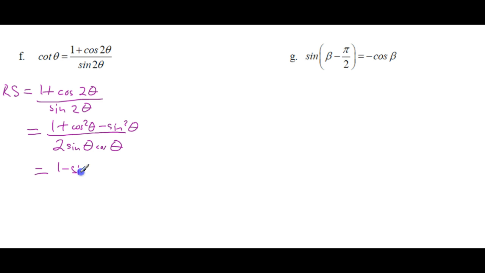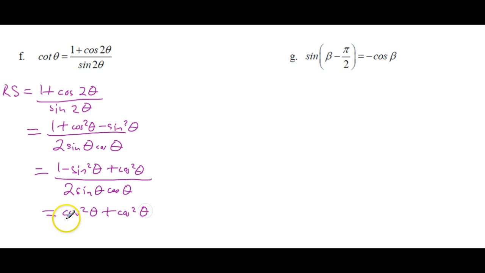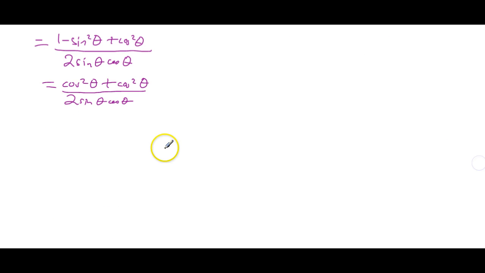So 1 minus sine squared theta plus cos squared theta. All I've done is rearrange, just change the order. 1 minus sine squared plus cos squared over 2 sine theta cos theta. So 1 minus sine squared is cos squared plus cos squared theta over 2 sine theta cos theta, which is 2 cos squared theta over 2 sine theta cos theta.